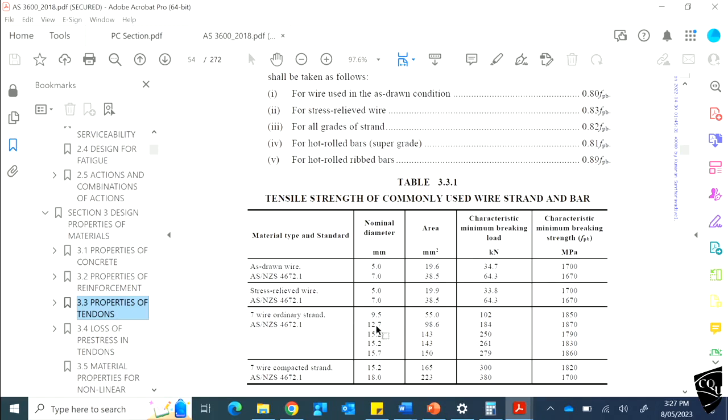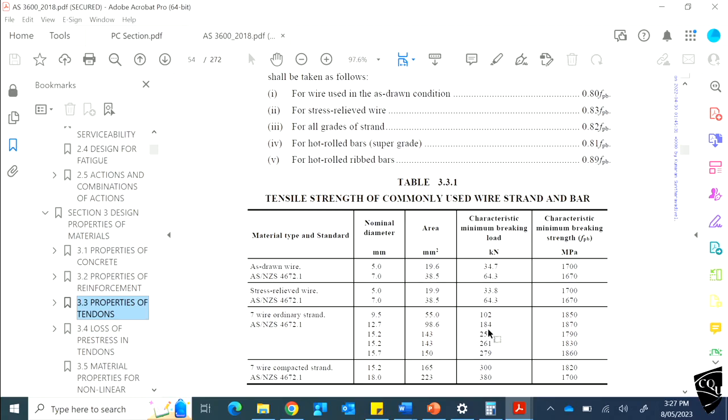Normally we use 12.7 millimeter diameter, which is the standard strand. The other one is 15.2. These are the two normally used in prestressing. This 12.7 millimeter strand gives a breaking load of 184 kilonewton.